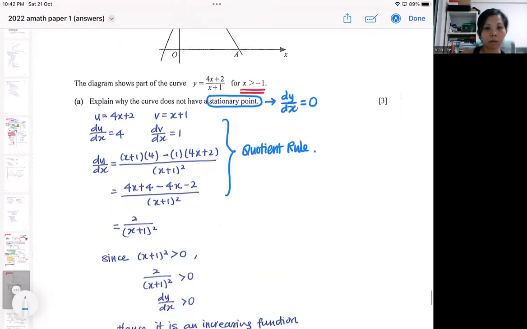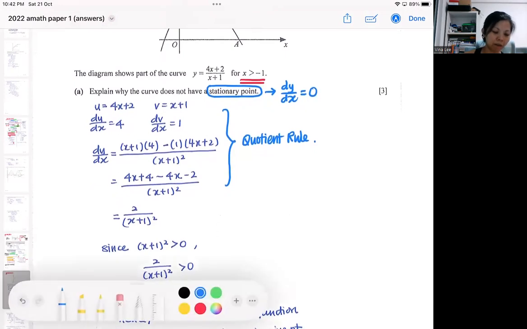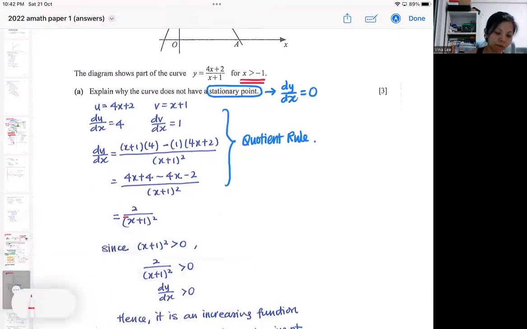So you should execute your quotient rule to get your dy dx. Where you get your dy dx, you are supposed to explain. The critical explanation is the denominator. The denominator is a squared function, so you must explain that it is a positive function. The numerator is confirmed positive. You do not need to explain that the numerator is positive because the numerator is only a number.